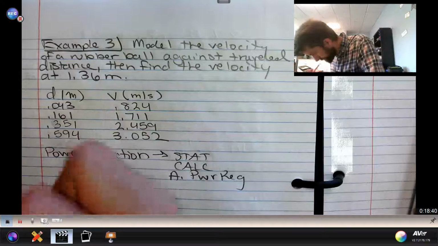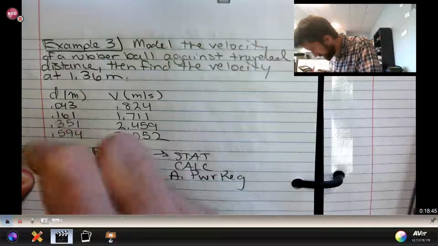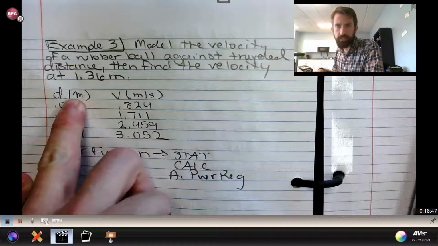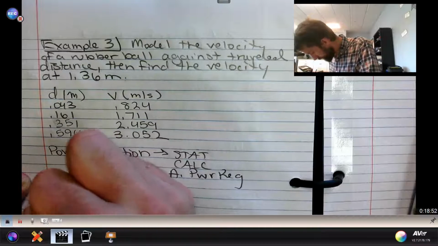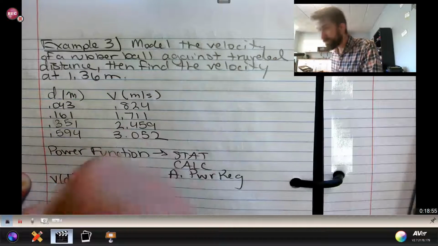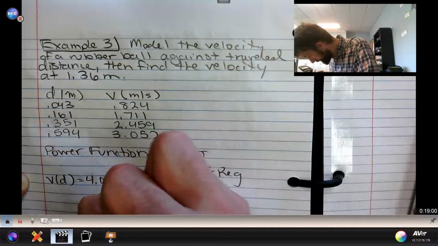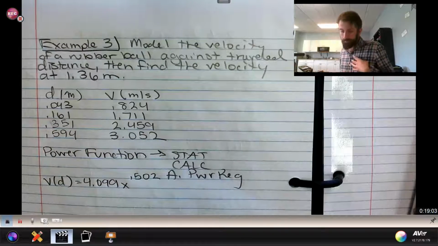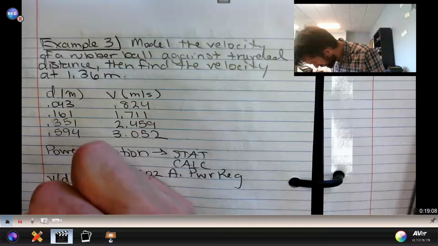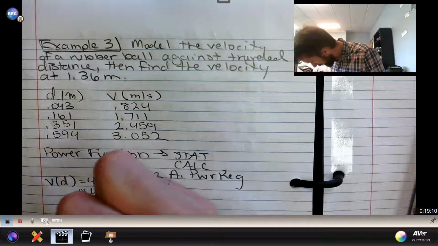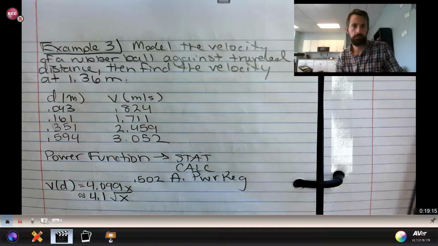It is V of D, because velocity depends upon the distance, is 4.099, or you could put 4.1, x to the 0.502. The thing that's unique about this is that we could round this to 4.1 and understand that this is the square root of x.